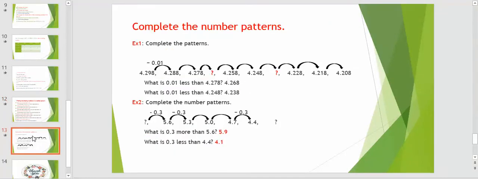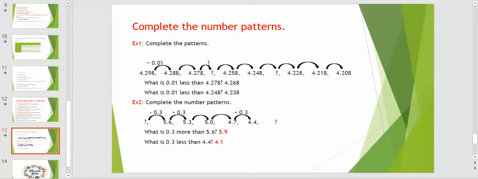Okay, we move to the other slide. Complete the number pattern. You look at the pattern. The pattern right here is to add the same number or subtract the same number. Like this pattern, what we're going to complete is a pattern that decreases by 0.01.